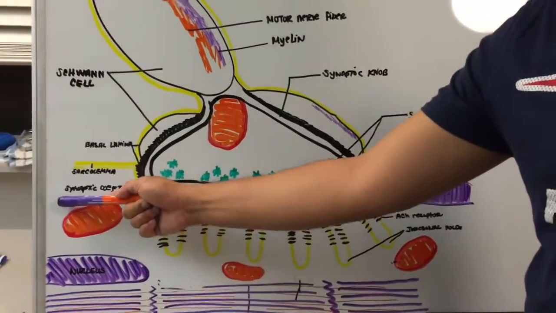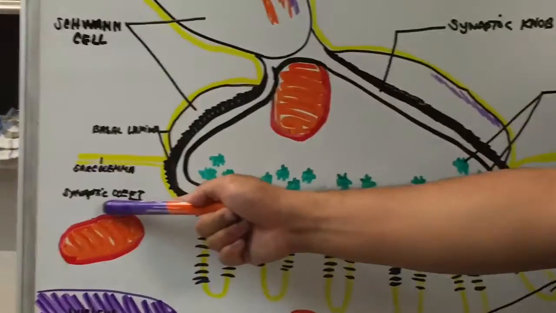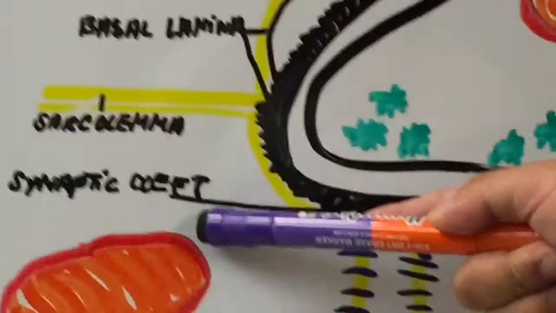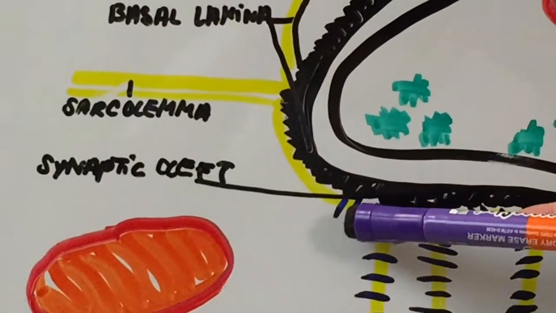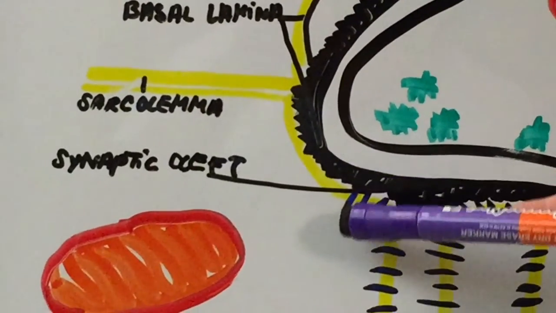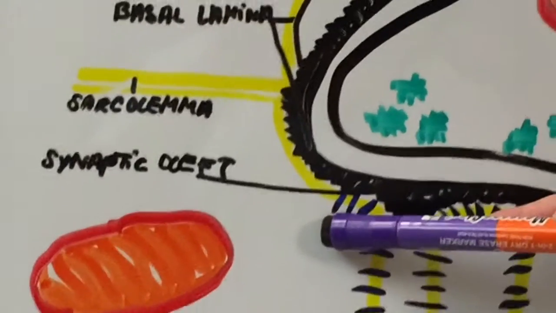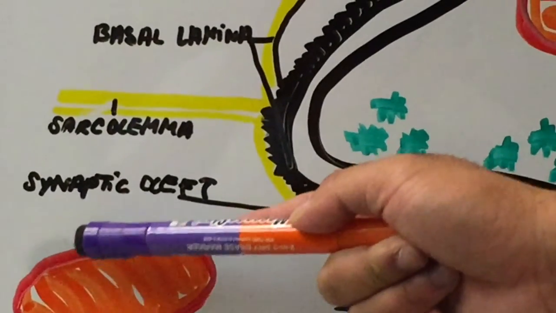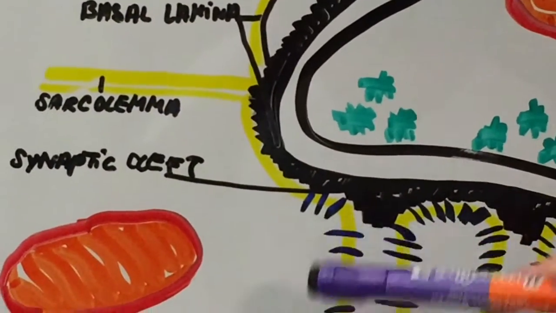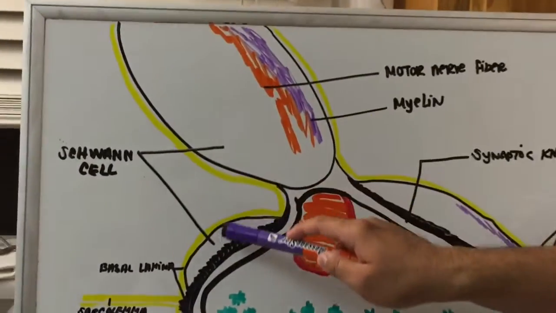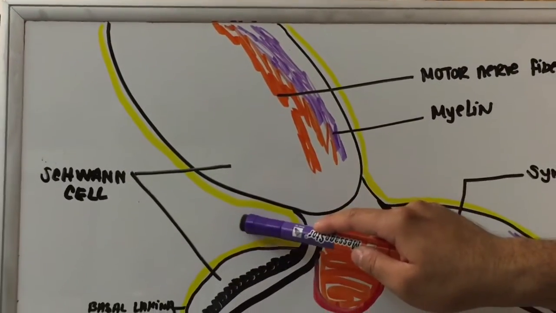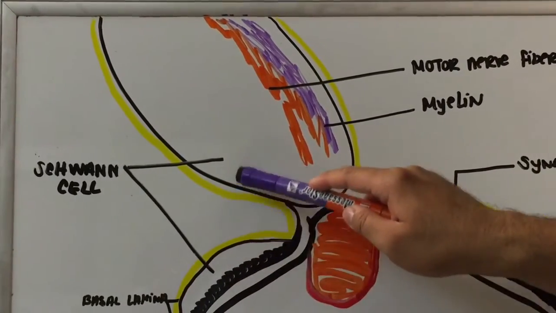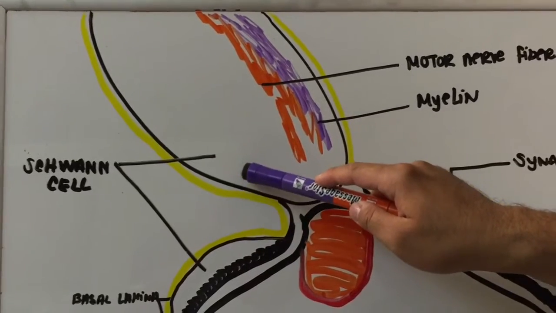The knob doesn't directly touch the muscle fiber but is separated from it by a narrow space called the synaptic cleft, about 60 to 100 nanometers wide. A third cell, called a Schwann cell, envelopes the entire junction and isolates it from the surrounding tissue fluid.